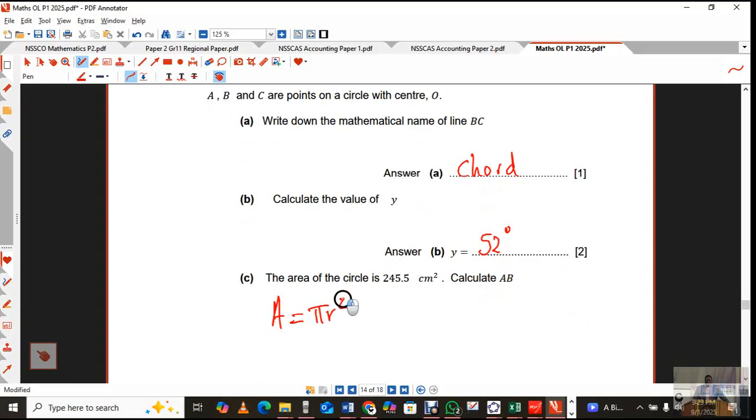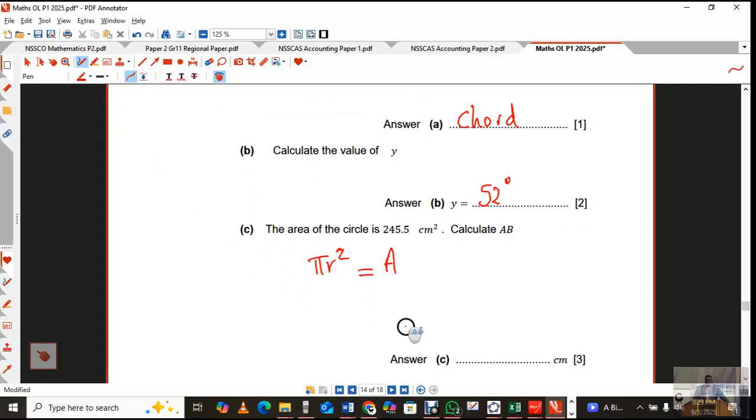You don't get a mark for writing that down, okay? Essentially, let me just put the value on the right side. This is giving us the area. So we have pi r square is equal to 245.5.